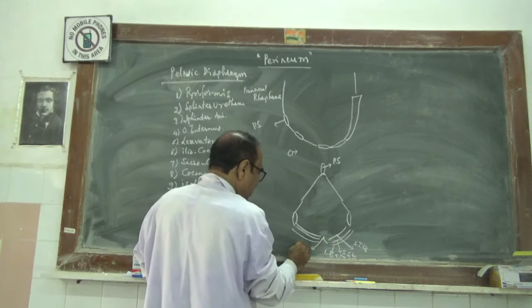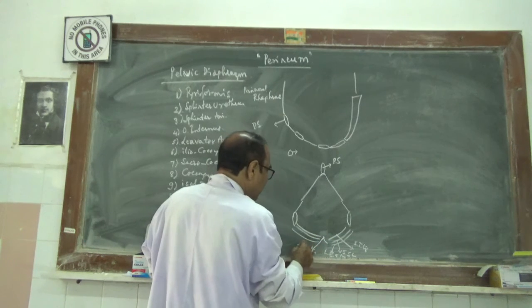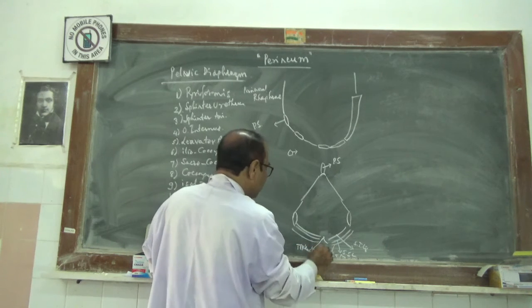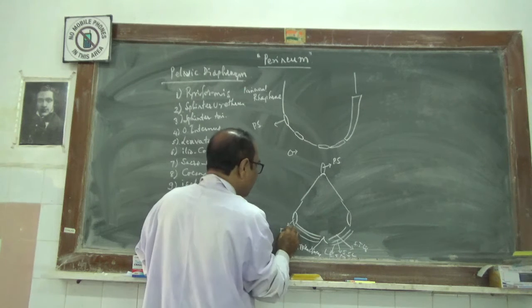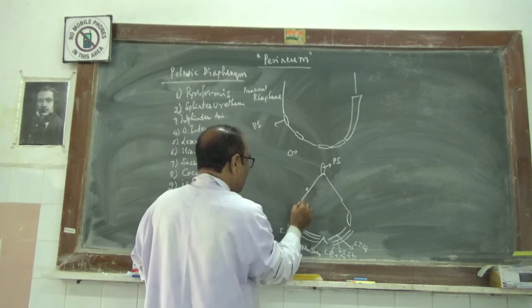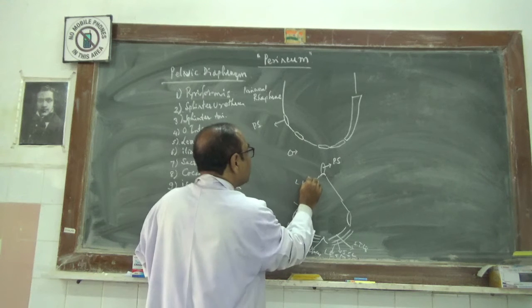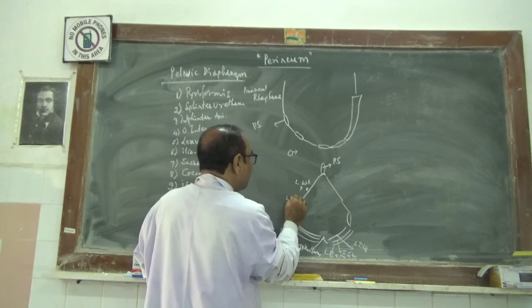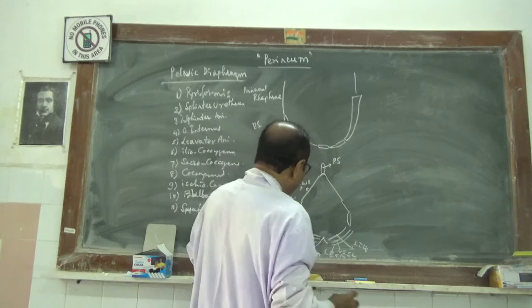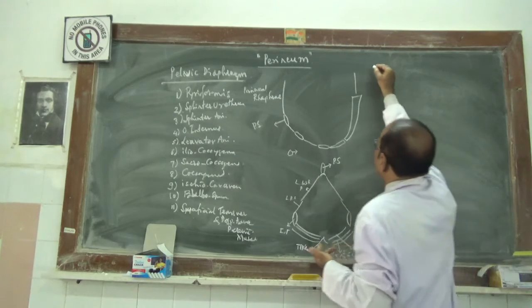This is the ischial spine, I mean to say the tip of the coccyx. This is the ischial tuberosity, and these are the lower border of the inferior ramus of the pubis and the lower border of the ramus of the ischium. This is in the case of the male.